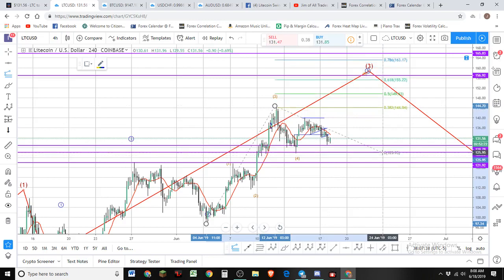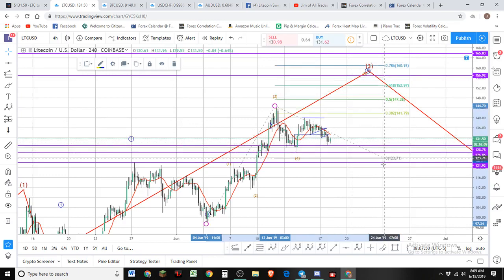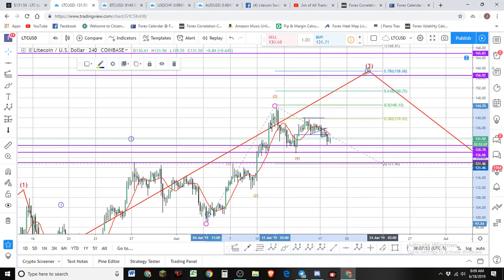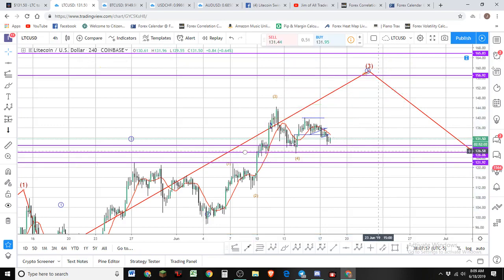I just want you to be aware of that. We've got a target up here of about 155.22. That's what we're looking at if we bounce and head up. Okay. If we continue to the downside and come down here, got a target of about 150. And if this continues on down, well, that's all negated.